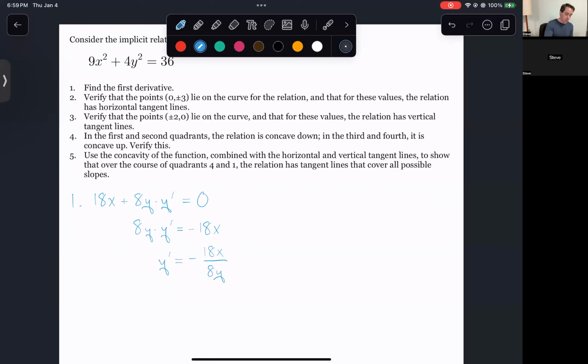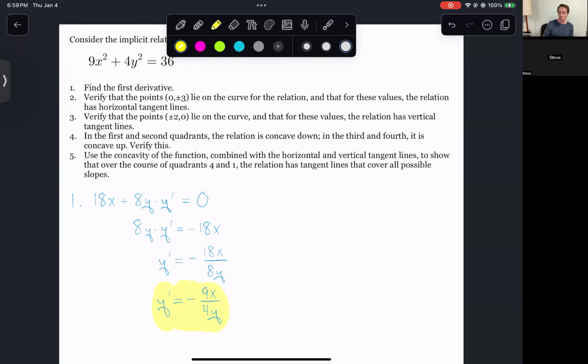This can be reduced so that y prime will be negative 9x over 4y. This is the answer to the first question. Find the first derivative. Now, the subsequent questions obviously are going to make use of this, so we'll need to refer back to this formula.